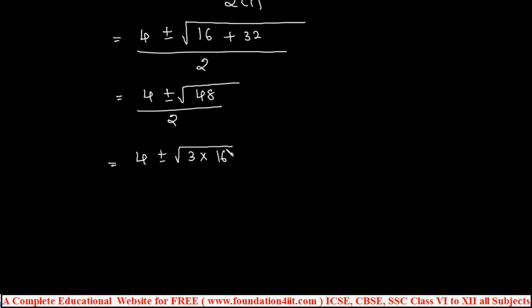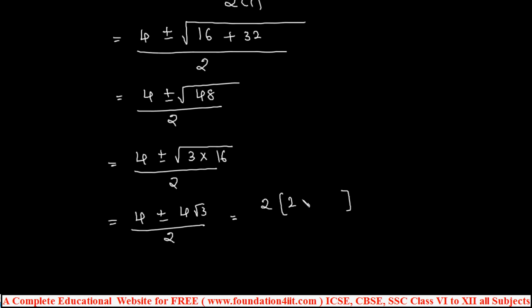Because 16 is a perfect square, I multiply it with 3 and divide by 2. 4 plus or minus, separate this, root 3 into root 16. Root 16 is 4, so 4 root 3, divided by 2. Take 2 common from the numerator. 2 plus or minus 2 root 3, divided by 2. 2 gets cancelled. Finally, we got 2 plus or minus 2 root 3. This is the value of x.